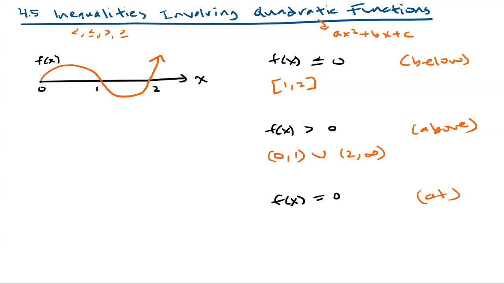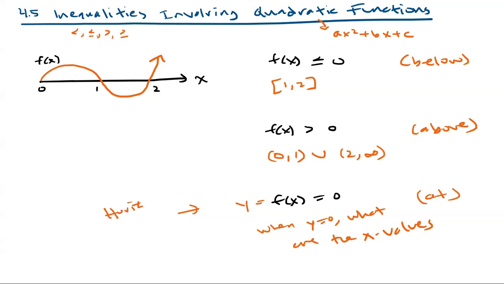All right, and for the last one, f of x is equal to 0 is asking at particular values or particular x points. Remember, another way to write f of x is y, so y is equal to 0. It's asking when y is equal to 0, what are the x values? This is also a horizontal line.